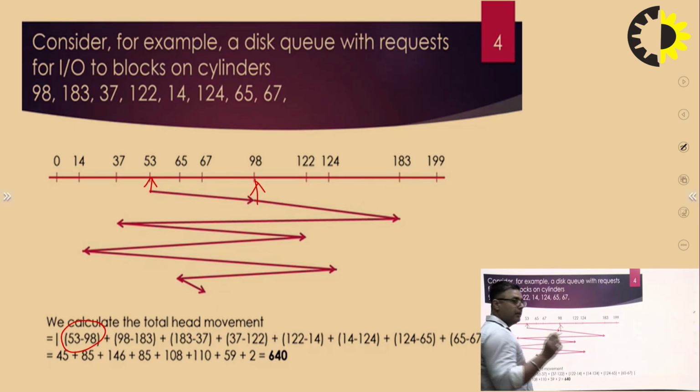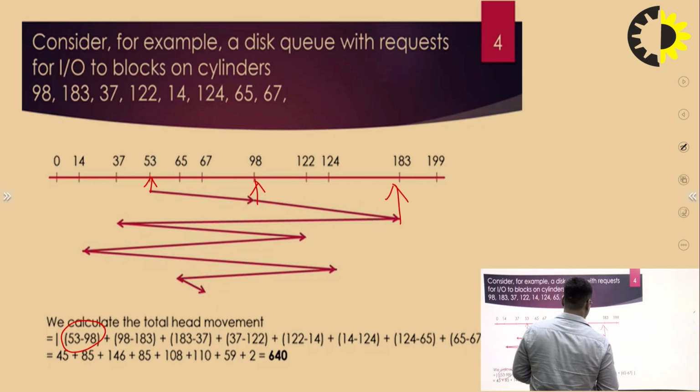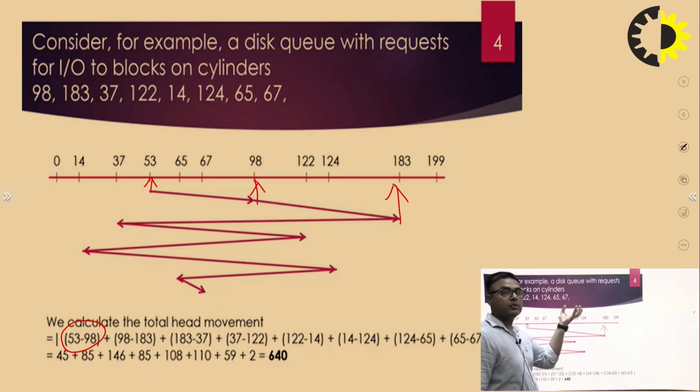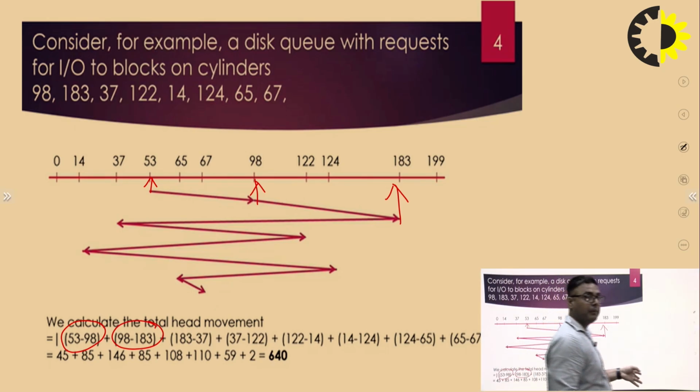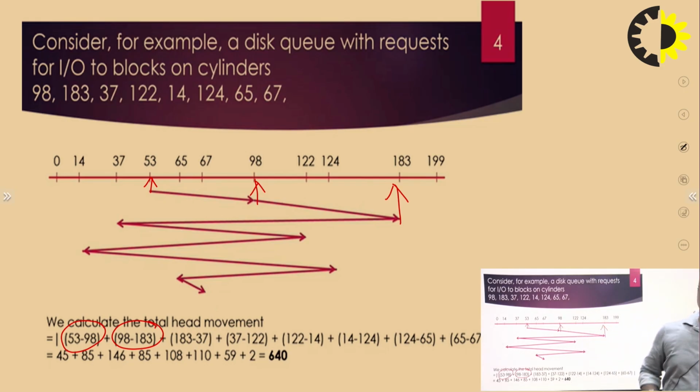My head is at position 98. So the head moves again to position 183, and you have to find the data at 183. The next head movement is 183 minus 98.